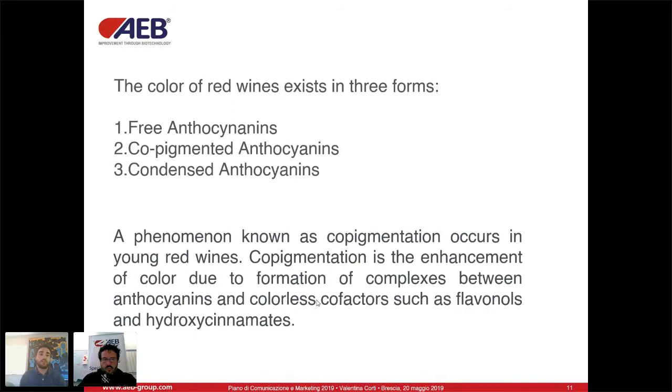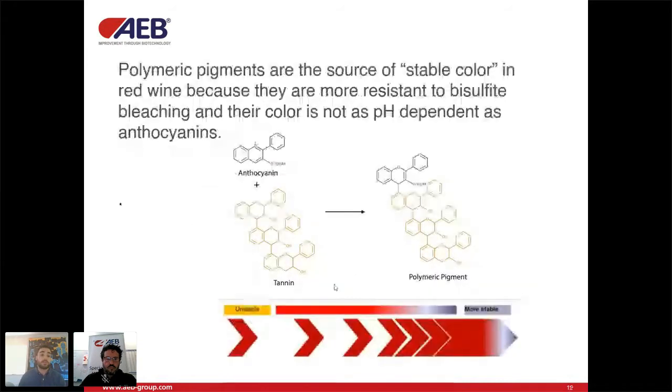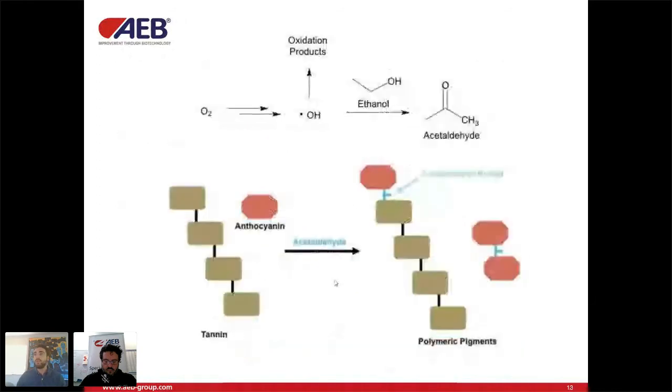However, the copigmented anthocyanin is not the most stable form of color in wine. The most stable form is the polymeric pigment that is created between an anthocyanin and polymeric tannins. This binding does not happen by itself, but through an acetaldehyde bridge.